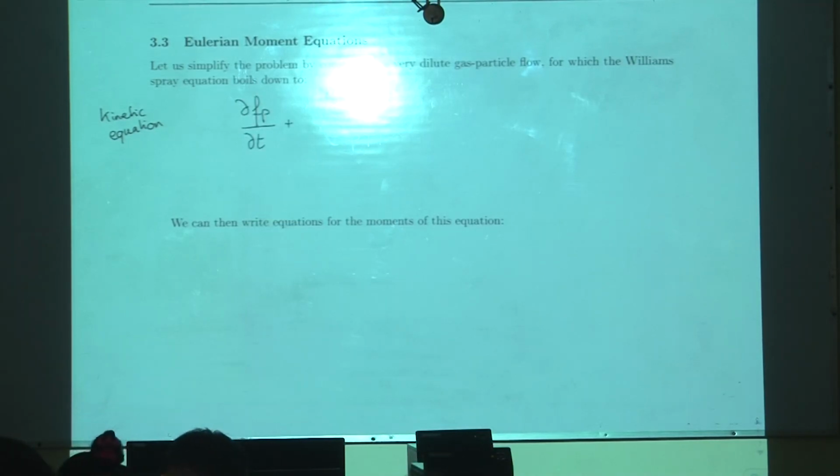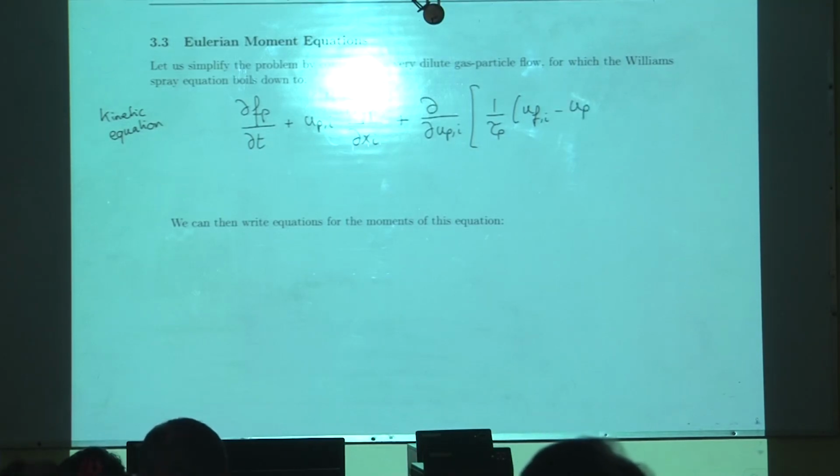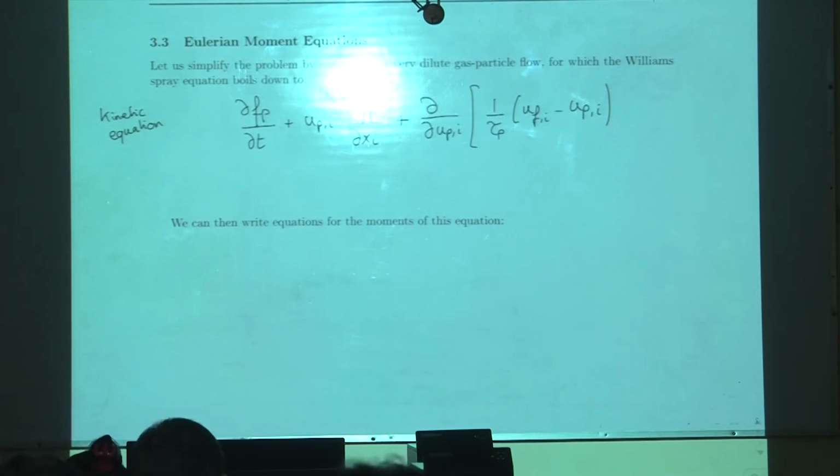If I just allow for transport in physical space, and transport in velocity space, let us include, so we have an FP here.